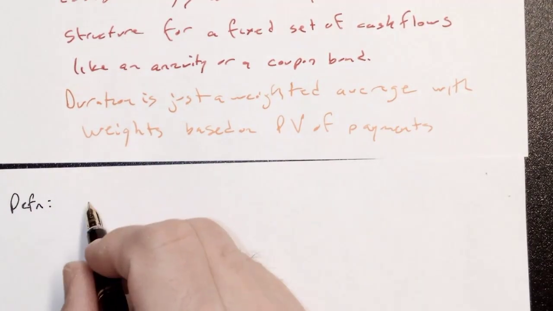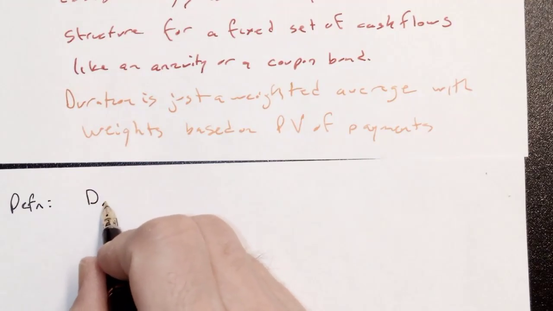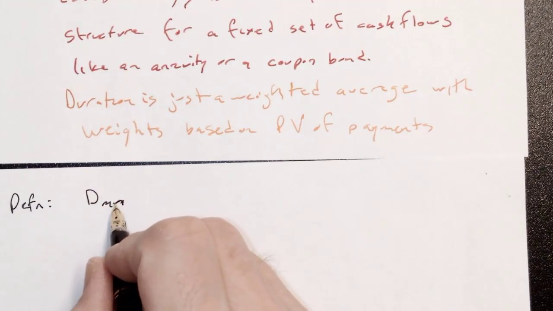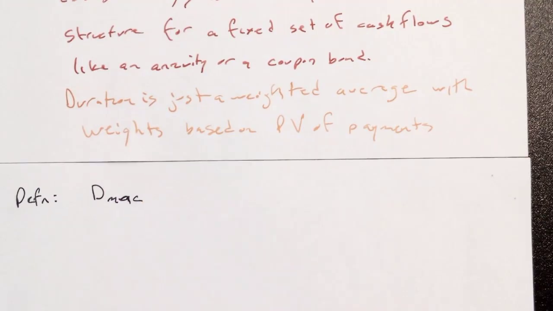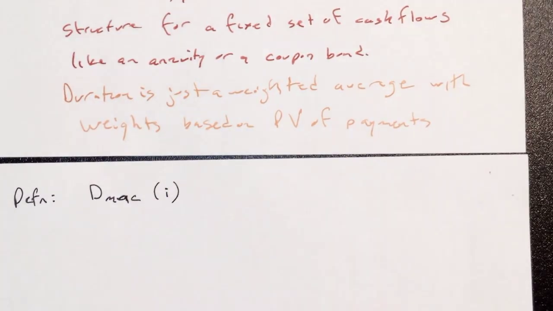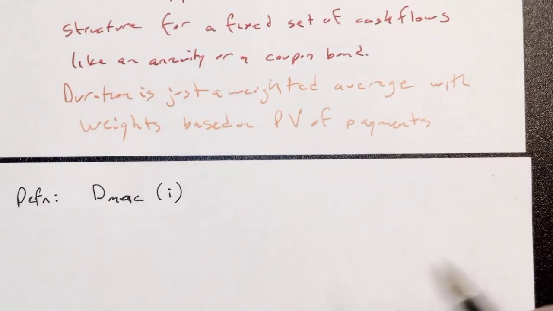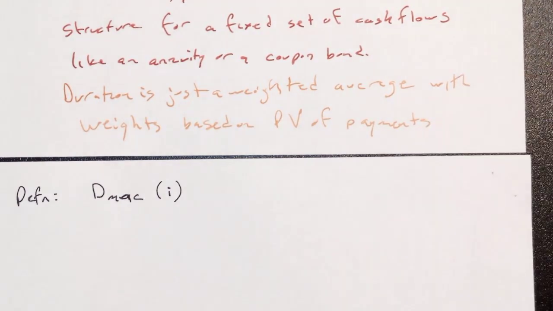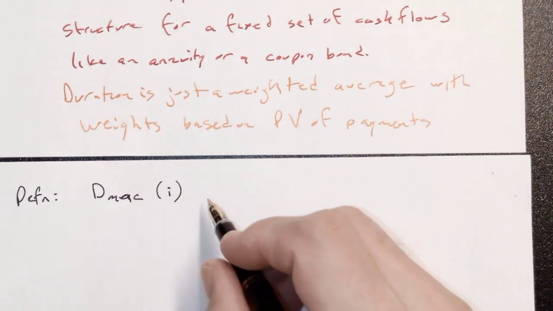Definition: the Macaulay duration, DMAC. Now, sometimes it's specific to a rate. Our flat structure would have one interest rate for the whole time, in which case I'll call that interest rate I. If I'm looking at a non-flat structure, I'll just omit this.